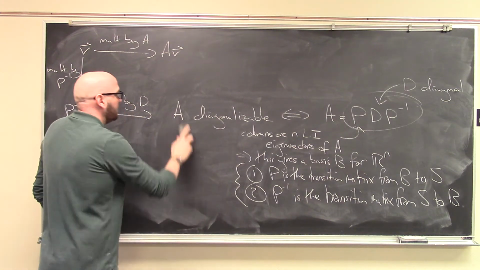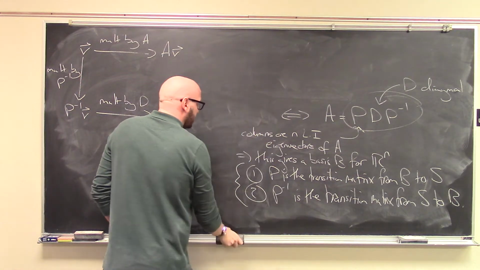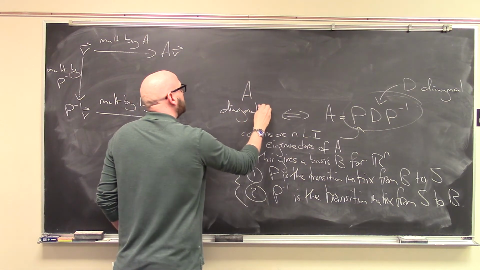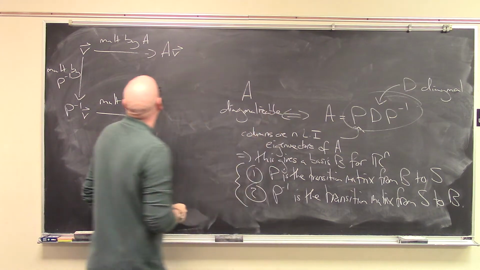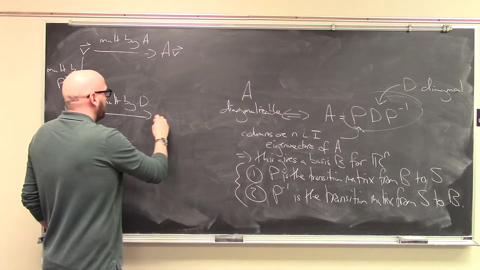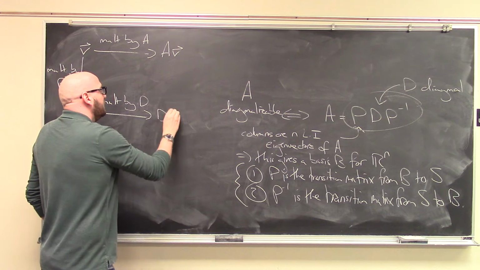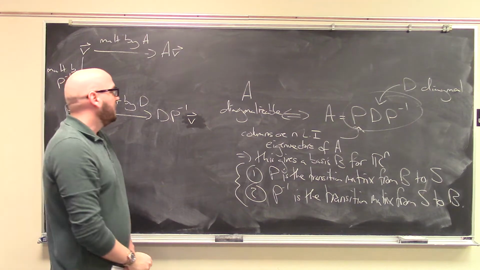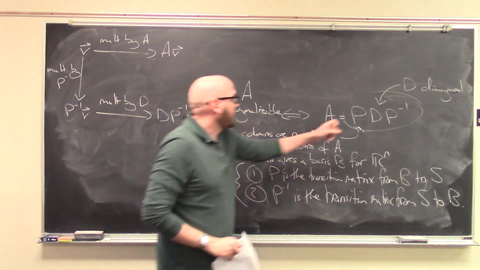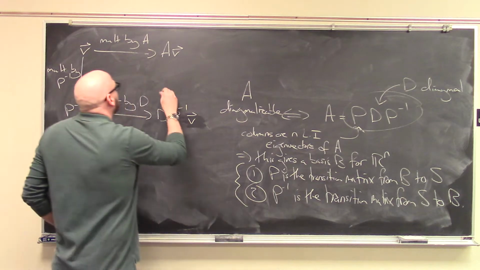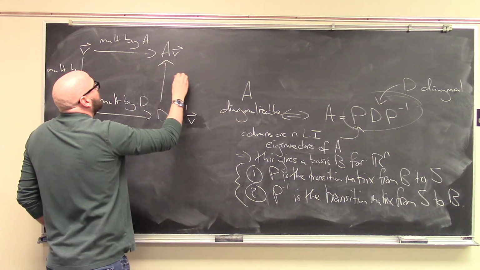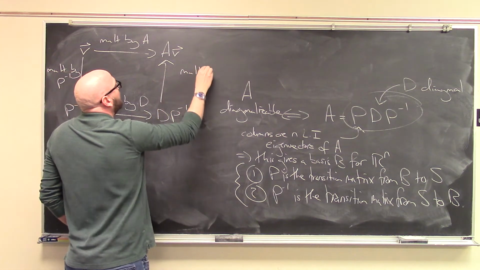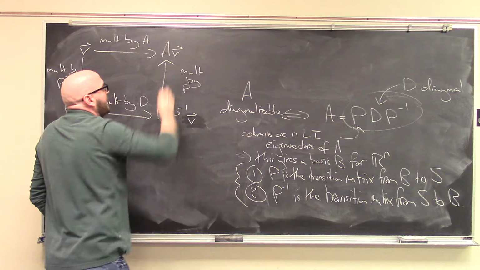I'm going to need a little bit more space. I'd like to save this word though: diagonalizable. So we can multiply by D, and that gives us this expression, D times P inverse times V. And last but not least, since multiplying by A is the same as P inverse times D times P, I can multiply by P to get back up to here.